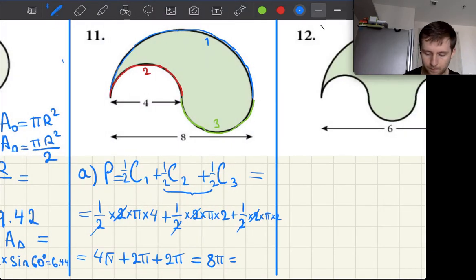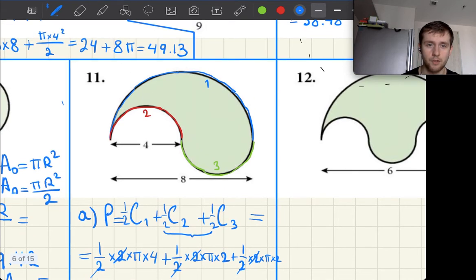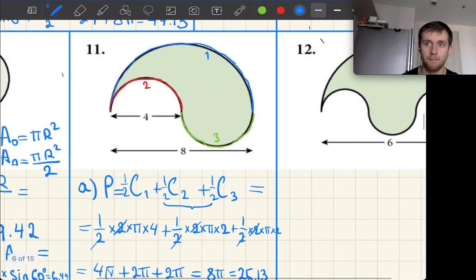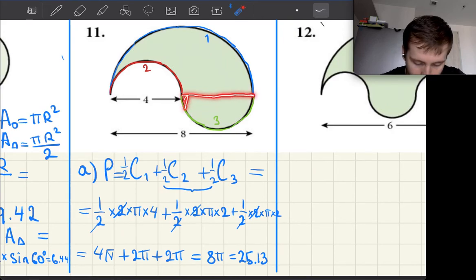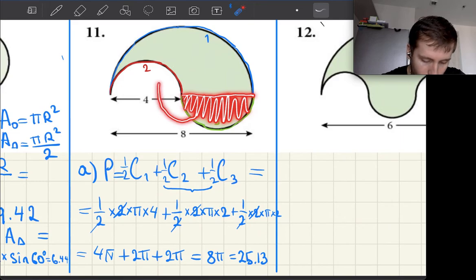25.13. 25.13 is the full perimeter. Again, we don't have space here for B, but I can tell you guys that B is actually quite easy to find. In B we have to find the area, and the area of this shape is basically half the area of the big circle.